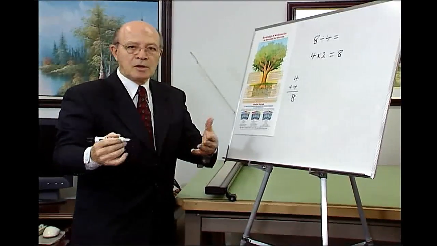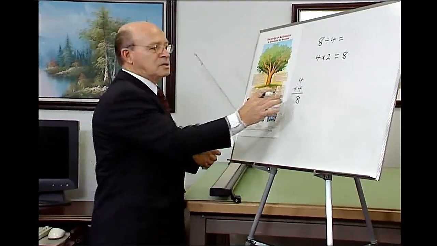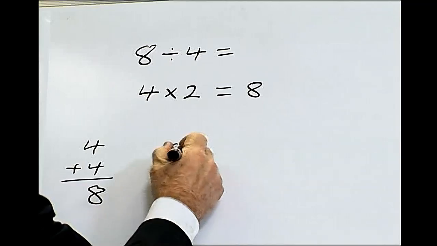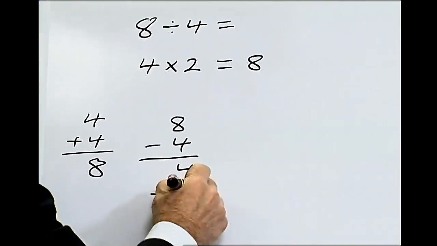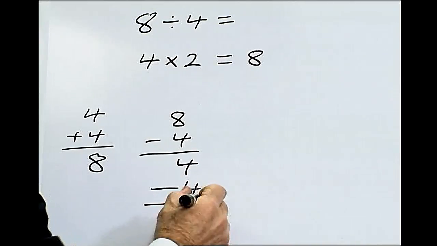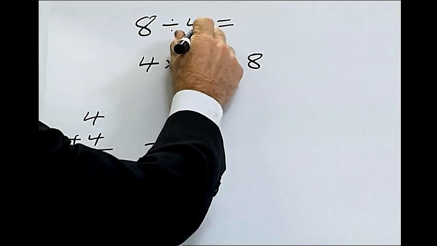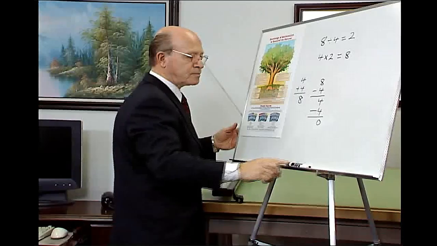Now, division is the opposite of multiplication. It's subtraction. This is speed addition. Let's do that now and subtract. 8 minus 4 equals 4. Minus 4 equals 0. And so there's 2 4s that go into 8. So 8 divided by 4 equals 2.